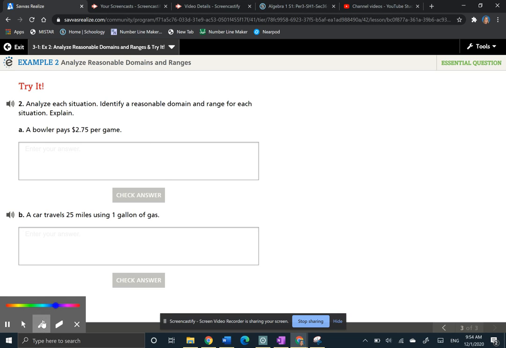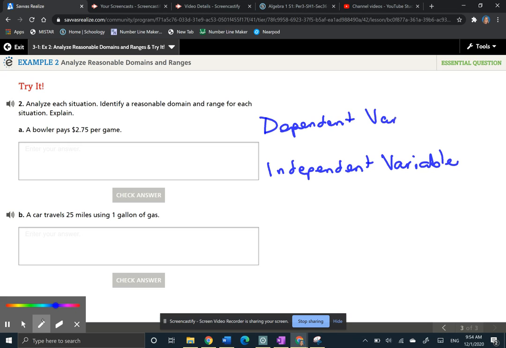So the first thing you want to do for each of them is decide which one your dependent variable is and which one your independent variable is. So when you're doing these, write that in here and then try your best. Okay?